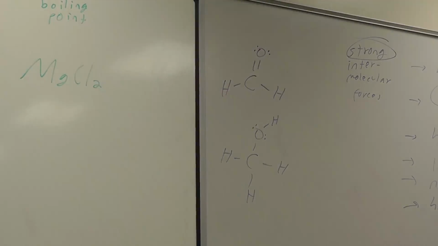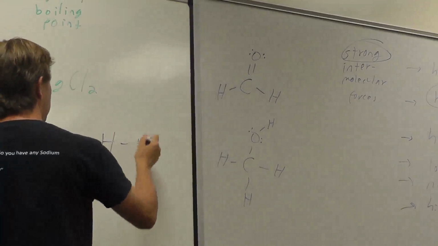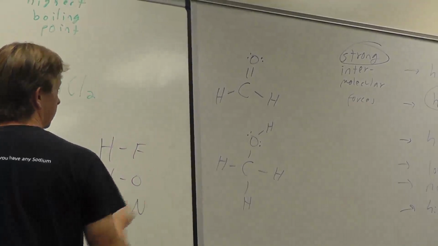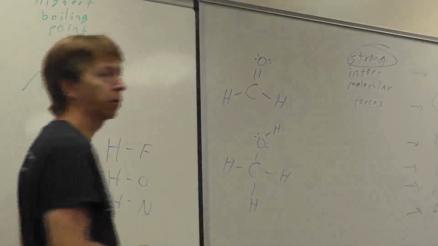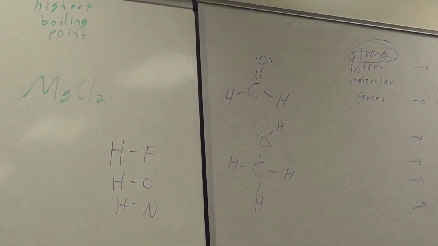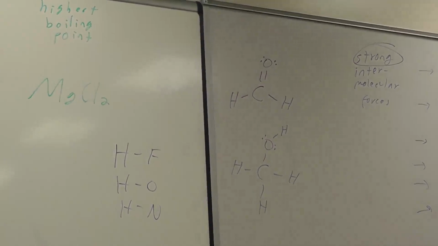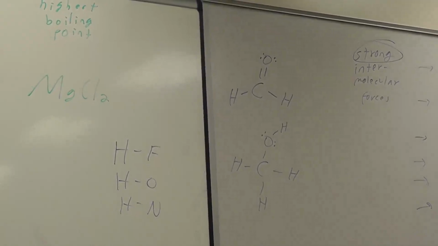Now remember, and I guess I shouldn't have erased this, but we're specifically looking for these kinds of bonds. And so where the top one has hydrogen and oxygen, nowhere does it have hydrogen bonded to oxygen, right? And so even though it's got the same elements as the one below it, it doesn't have as much polarity as the one below it.